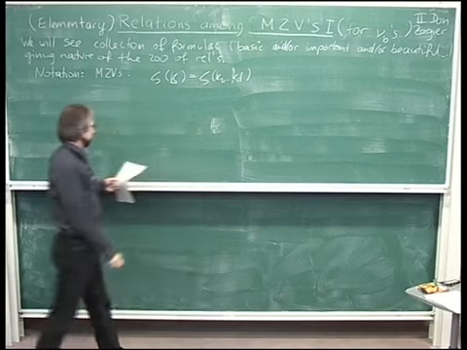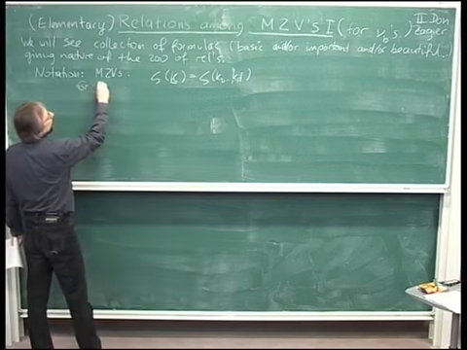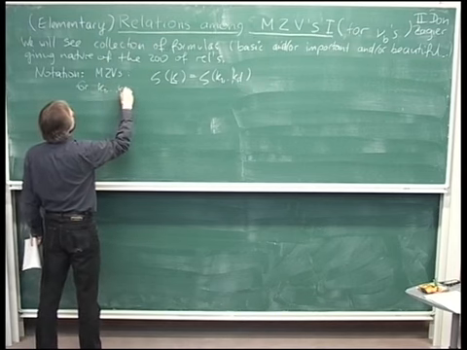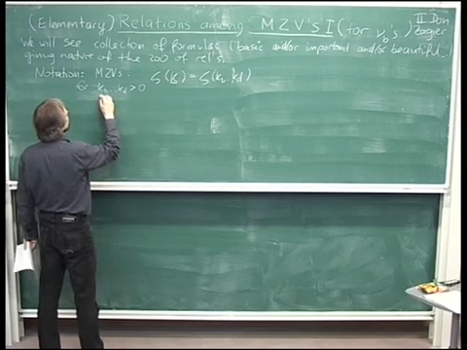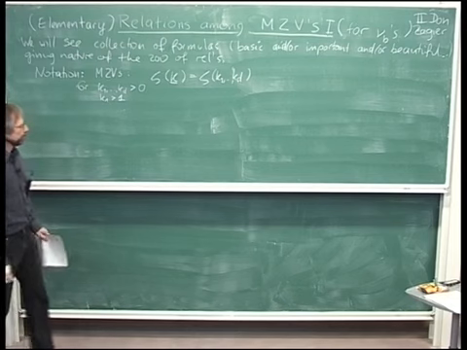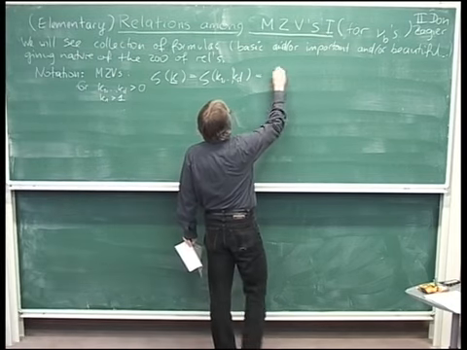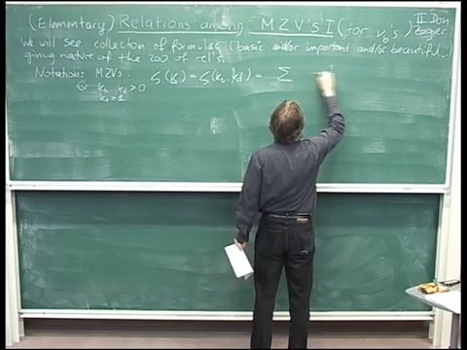So let's take positive integers k1 up to kd, and let's take the first one, k1, greater than 1, in order to make the following sum convergent.